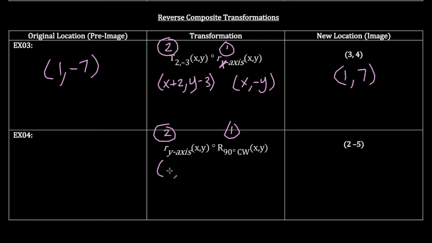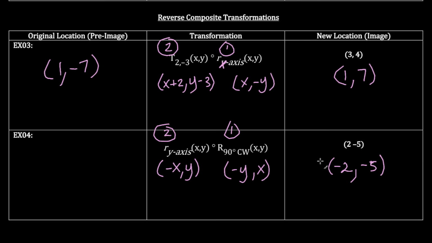So this was negative x, y. Rotation 90 degrees clockwise would be negative y, x. Remember, this is the first thing we did, and then here's the second thing, and then we got 2, negative 5. So the x used to be negative 2. The y was the same.